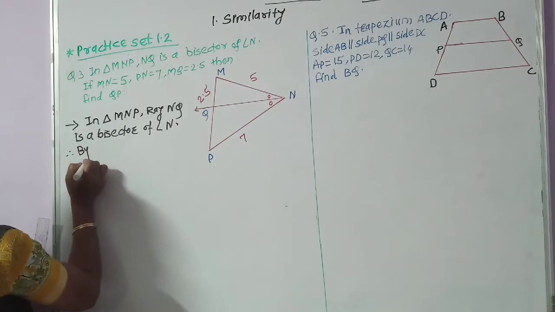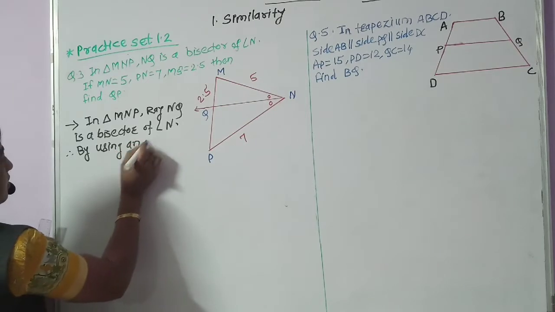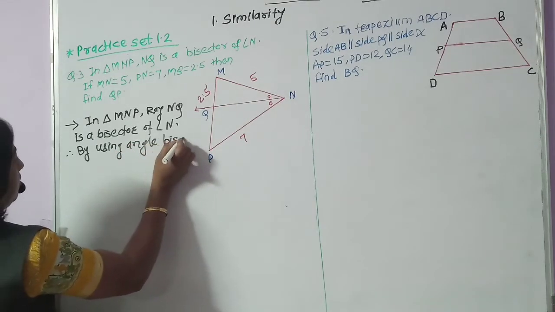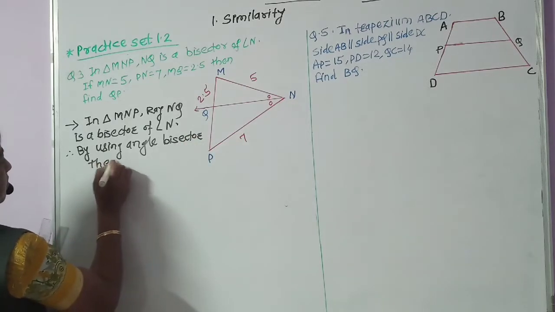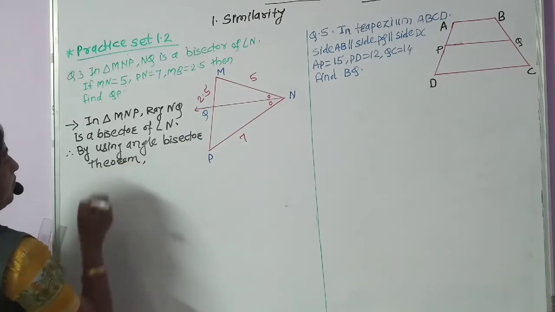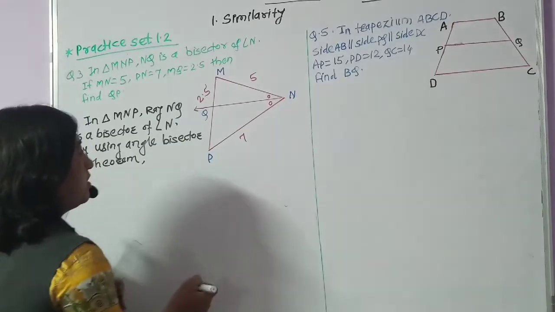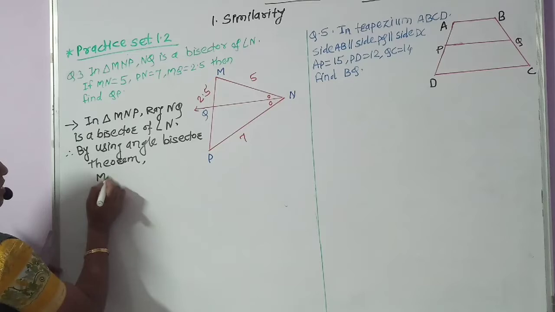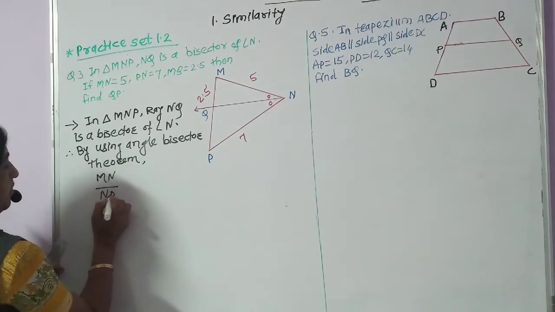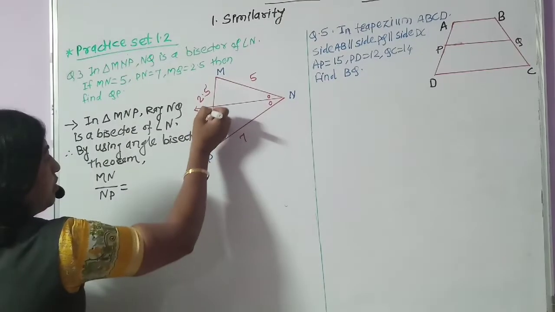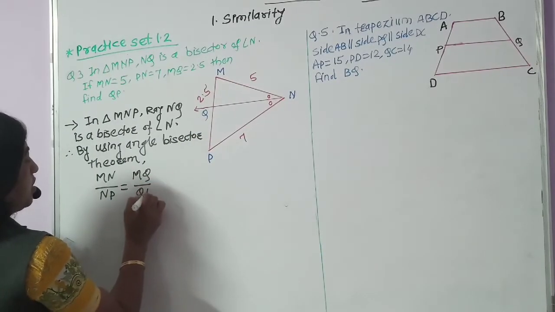Therefore by using the angle bisector theorem, we get MN upon NP, which is equal to MQ upon QP.